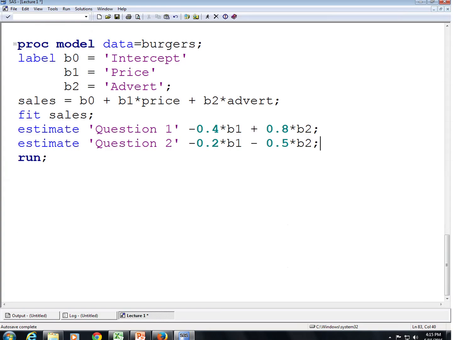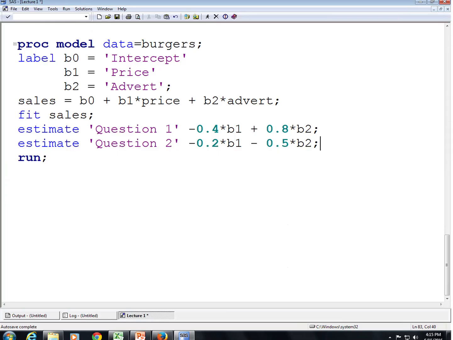If I rewrite that, I'm testing whether negative 0.2 beta 1, i.e. decreasing the price 20 cents, is equivalent to positive 0.5 beta 2, which would be the equivalent of increasing advertising by $500.